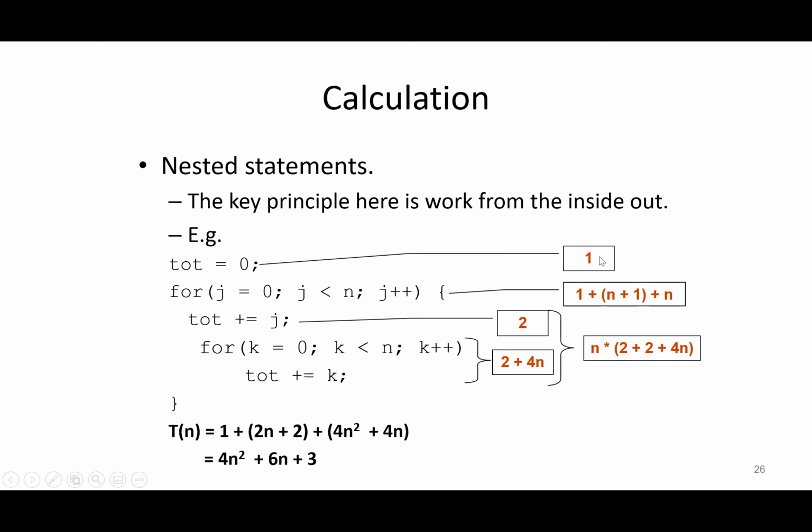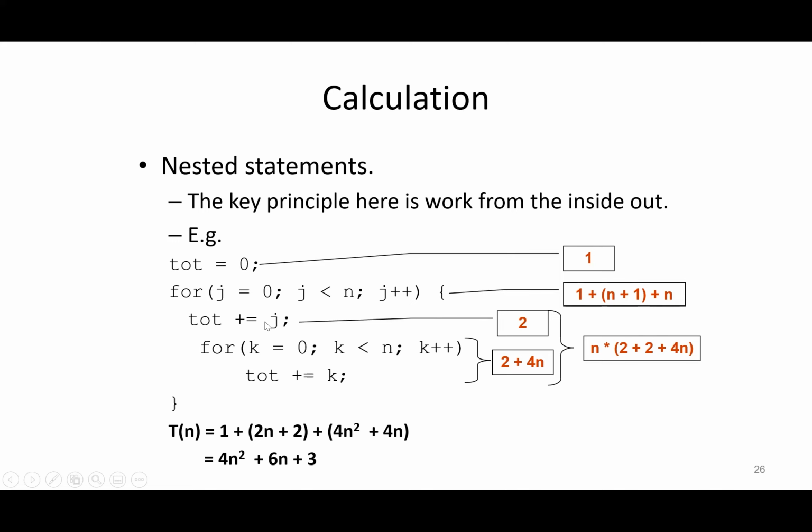This one only requires 1 step, because it's an assignment. And for this outer for loop here, we also start from j equals 0, j less than n, j plus plus, similar to our previous for loop. So this one step, assignment, comparison will be n plus 1, and then j plus plus is n, because this for loop will loop n times.